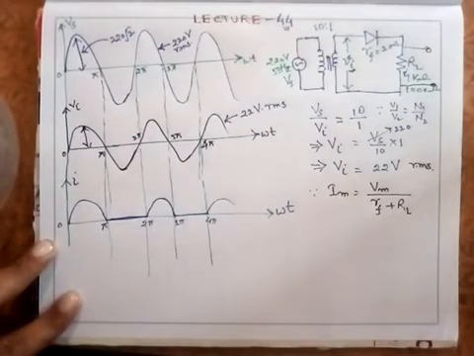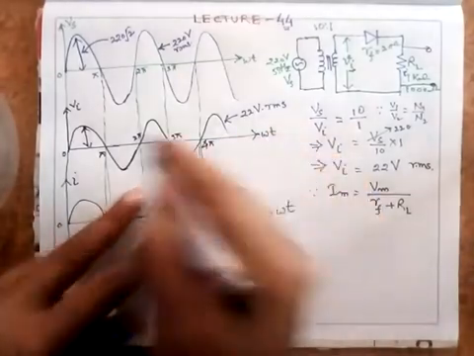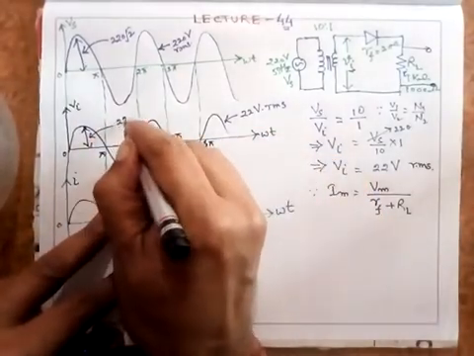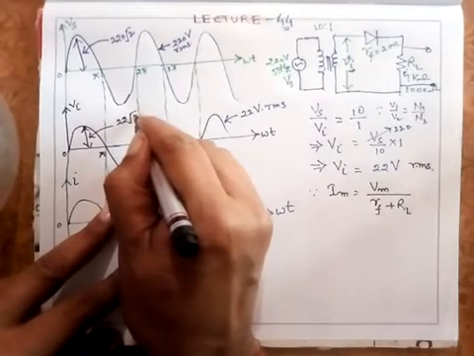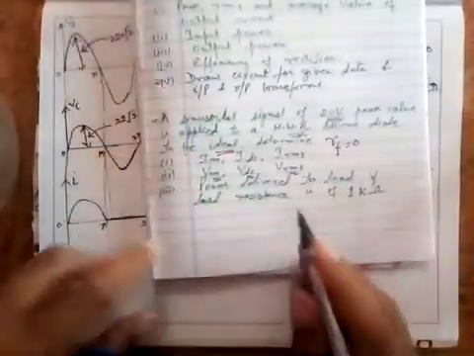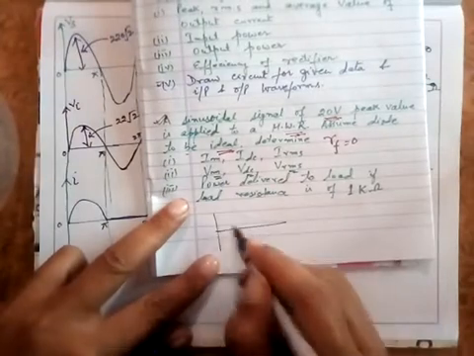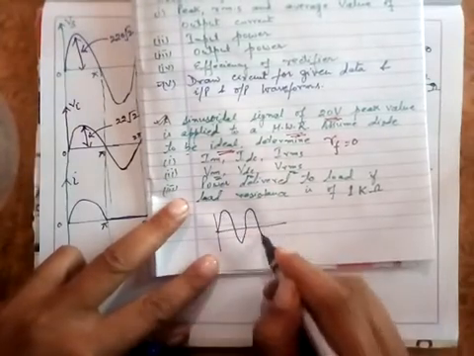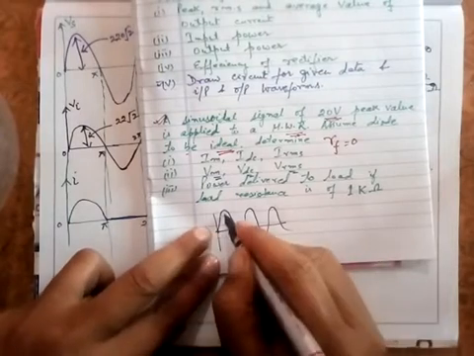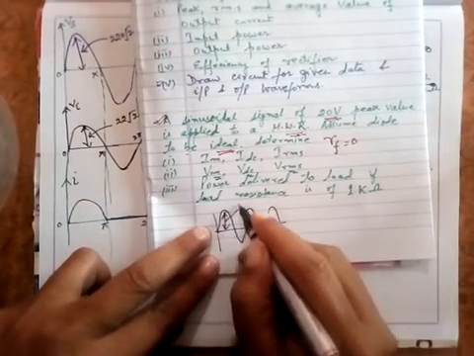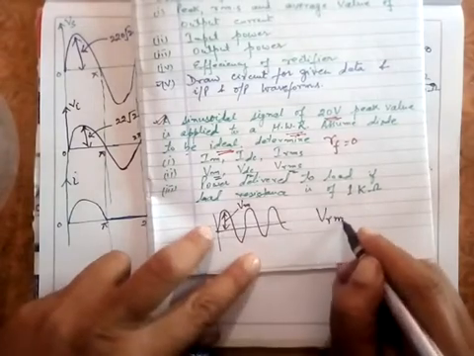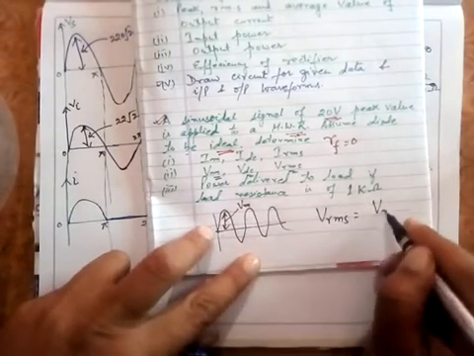Of course, the value of Vm will be 22 into root 2. Remember that for a sinusoidal signal of period 2 pi, if the peak value is Vm, the RMS value is equal to Vm upon root 2.